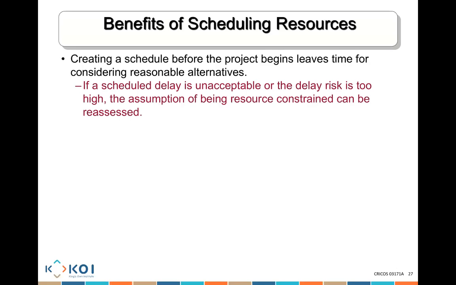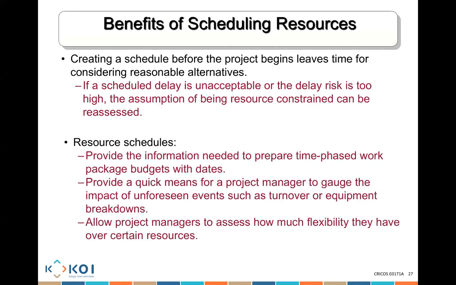If you're going to get a very big penalty if the project takes longer, by creating the schedule you can then monitor and say, no, the way that I'm doing it now is not appropriate. We need to think about how to add more people to get the job done. When you talk about resource schedules, if I know how many resources I need at any period of time, I'll be able to know how much I pay each resource, and how much money I need at every period I'm running that specific project.